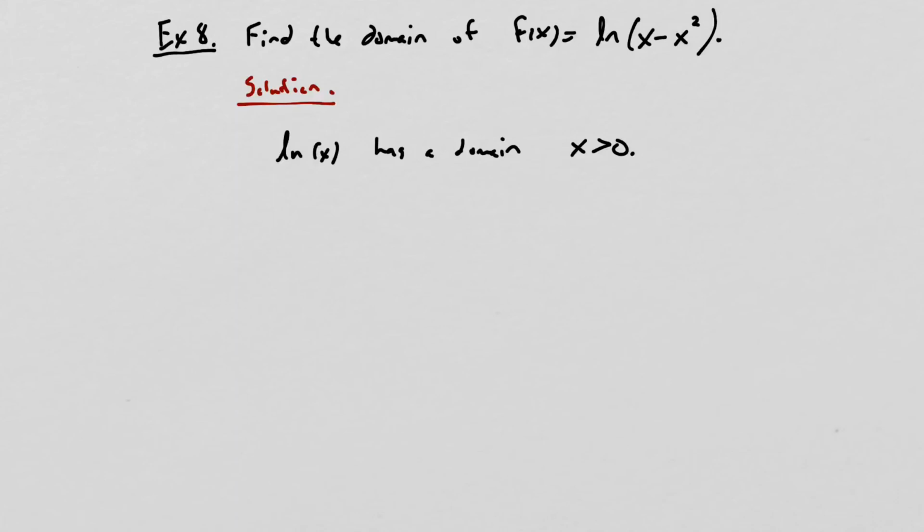Then that means that the natural log of x minus x squared is only defined when x minus x squared is greater than 0, since we need the argument to be greater than 0 by this first part here.